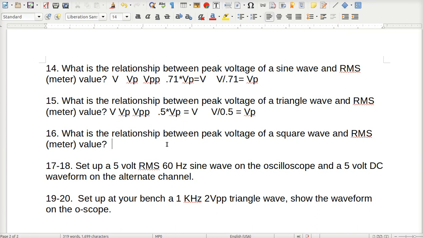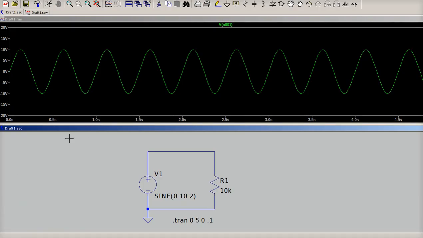What do you think the RMS and the peak voltage relationship for a square wave would be if, instead of this sine wave, you had pulses that went all the way up, straight across, back down, down, up?